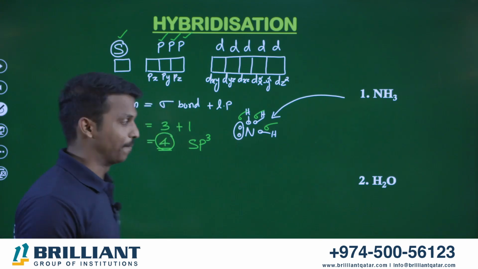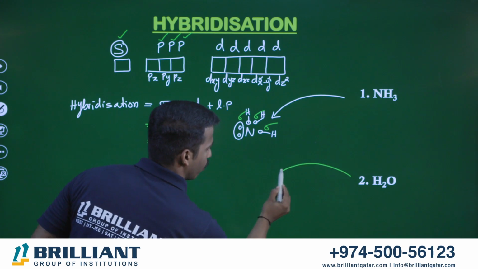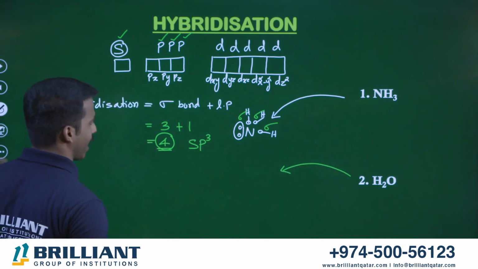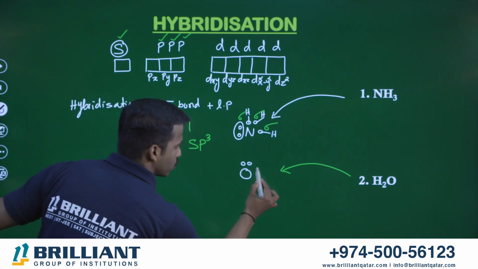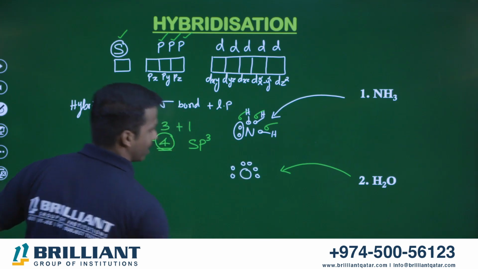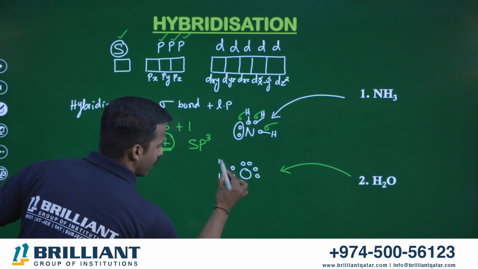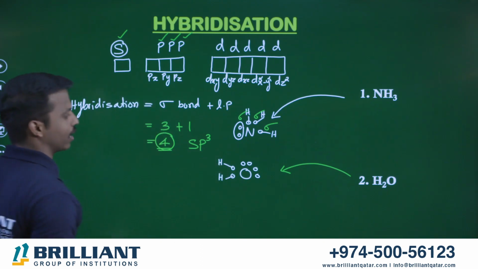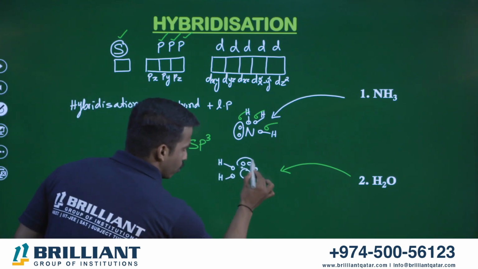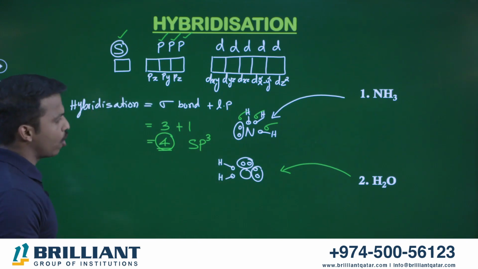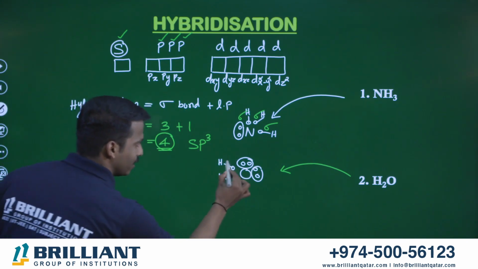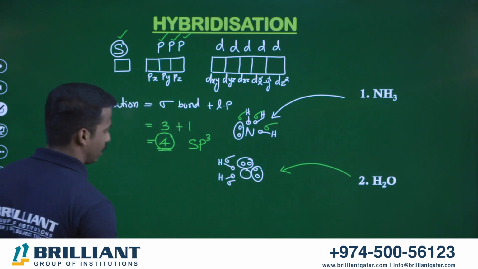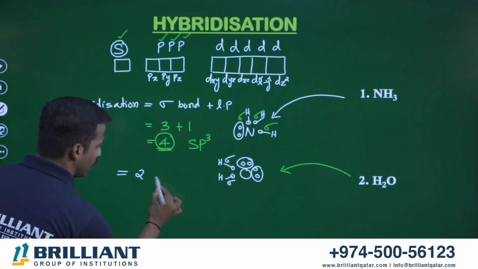Let me go to water. Dear all, what about water? In the case of water, I told you oxygen is the central atom. There are 6 valence electrons on the oxygen atom. It is surrounded by 2 hydrogen atoms, taking 1 electron each. So can you please count the total number of sigma bonds and lone pairs in the system? This is 1 sigma bond, this is 1 sigma bond, so sigma bonds equal 2.